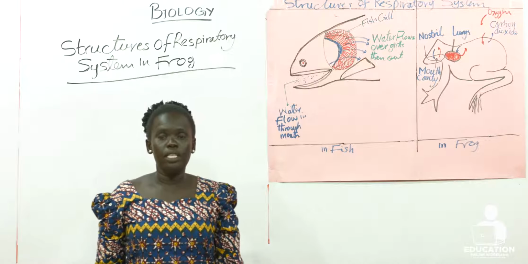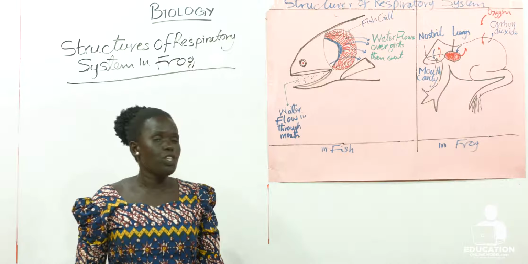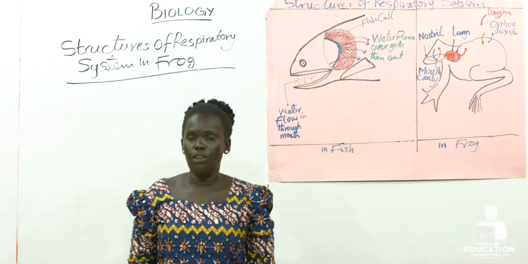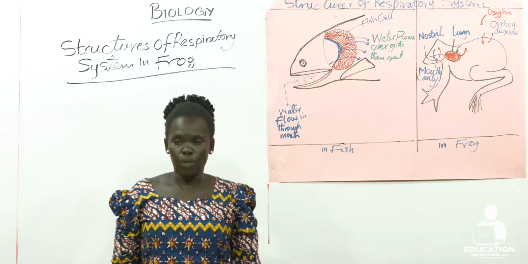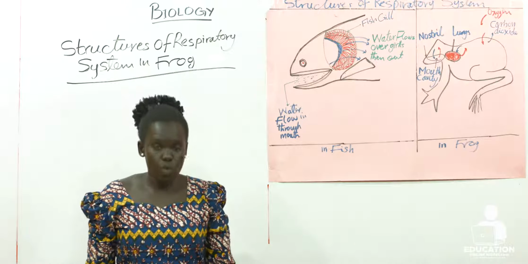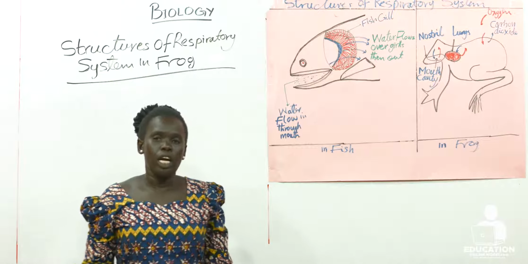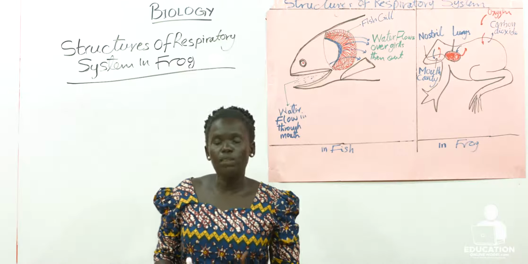Our topic is about the structures of respiratory system in frogs. So frog is one of the vertebrates because we have been looking at the respiratory system in the vertebrates.